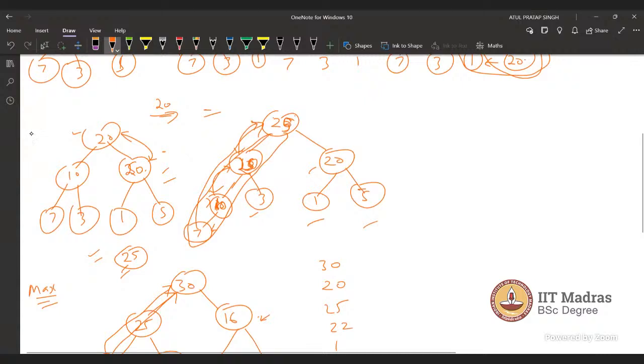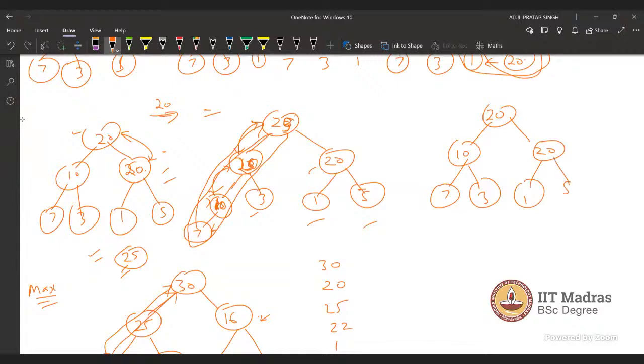For example, now I'm creating a max heap: 10, 20, 7, 3, 1, 5. I'm adding the value 25 in this max heap. So the 25 value will be added first here.